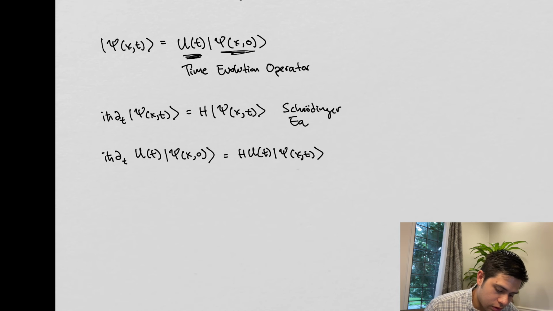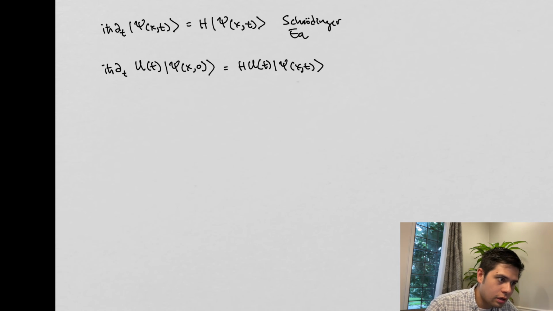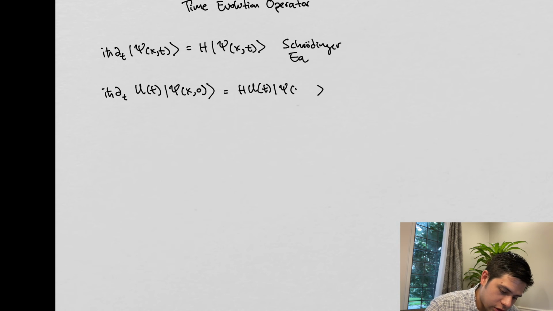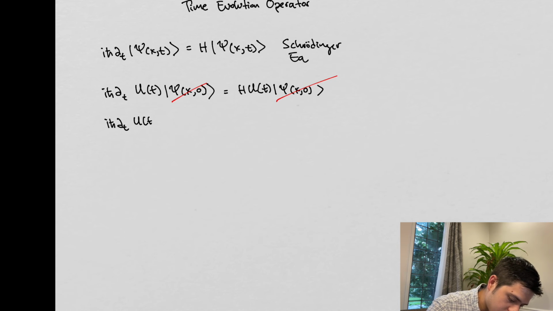So we get this, and this should actually be a 0. We can divide both sides by our state. Okay, and what we get is that the time evolution operator must obey this equation.